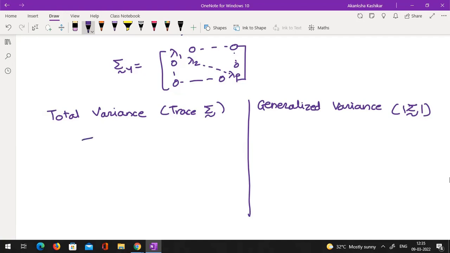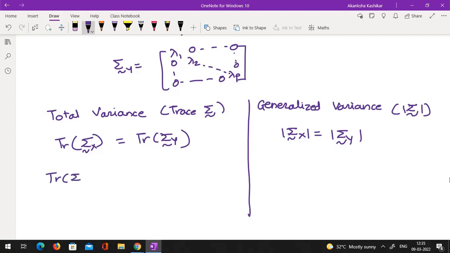Trace of sigma x, the total variance in the original vector, is the same as trace of sigma y, the total variance in the PCs. Similarly, determinant of sigma x is the same as determinant of sigma y. Of course we have to prove this. How do I prove this?